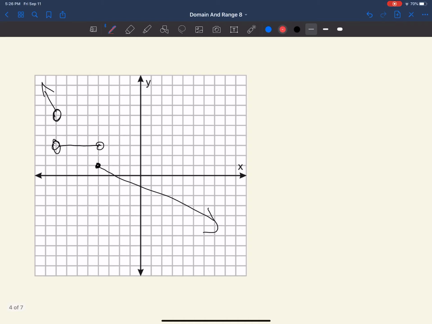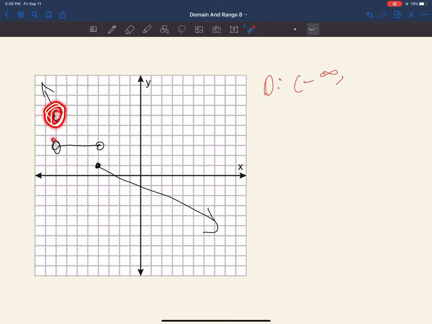So looking at our domain, again, it's going to start somewhere along here. So we're going to start at negative infinity. We come down, we get to this point, which is 1, 2, 3, 4, 5, 6. Negative 8.